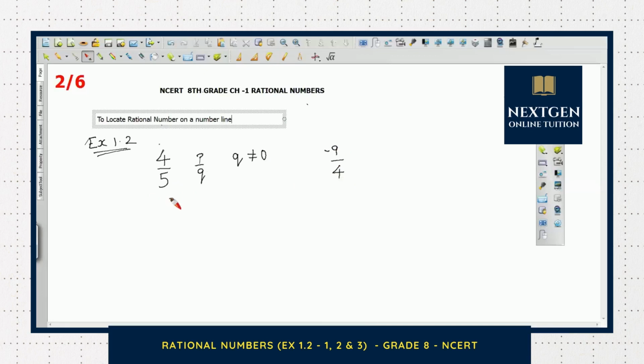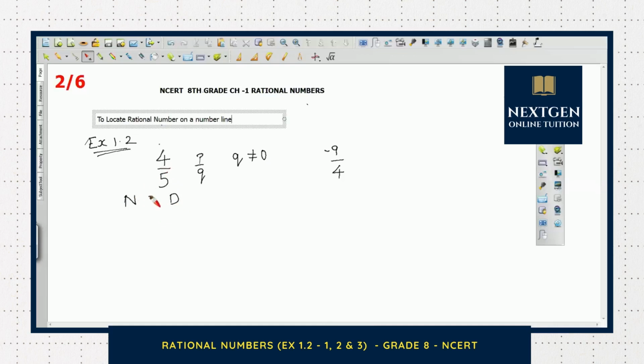Minus 9 by 4 and 4 by 5 are examples of two types. Here I need to check whether my numerator and denominator is greater or lesser.